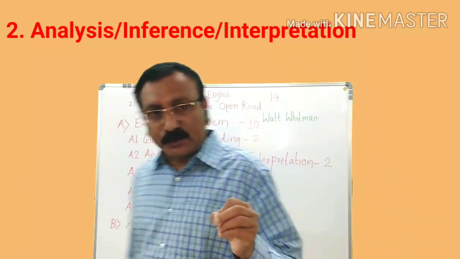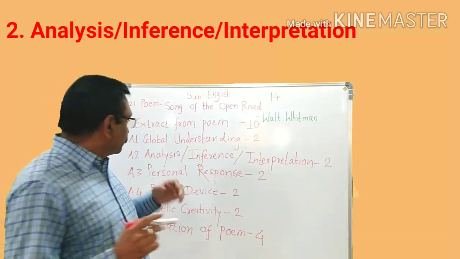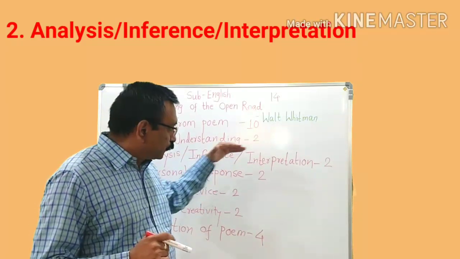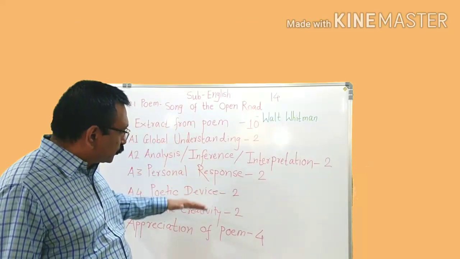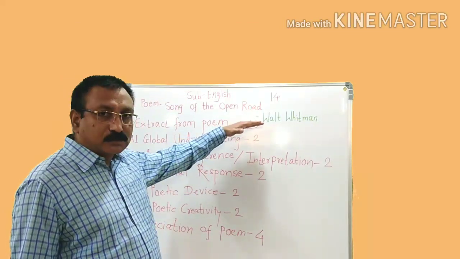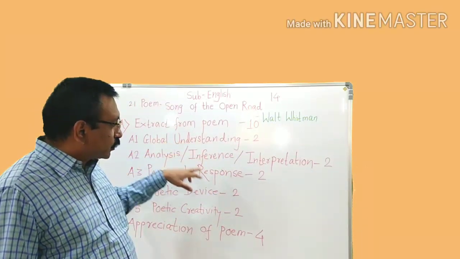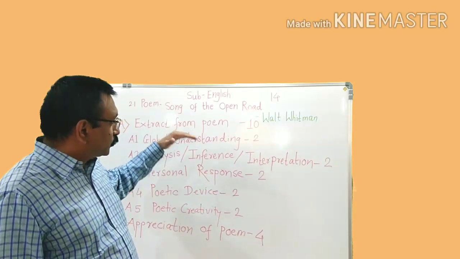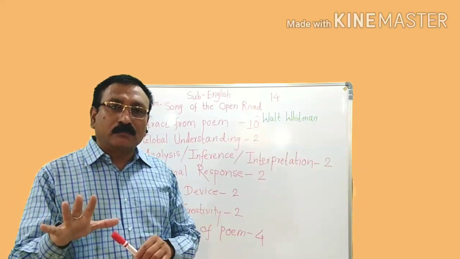In this activity, you may have questions like give reason, interpret, and so on. All these activities carry 10 marks. It means each activity carries 2 marks, and altogether the first sub question, that is A, carries 10 marks.